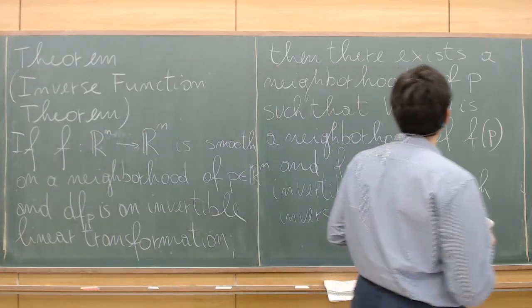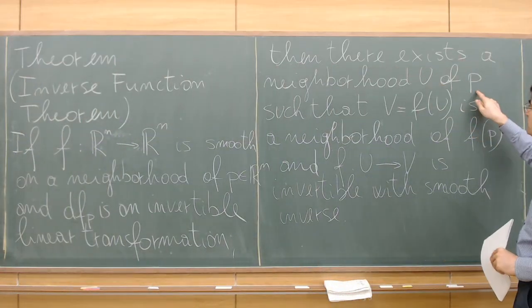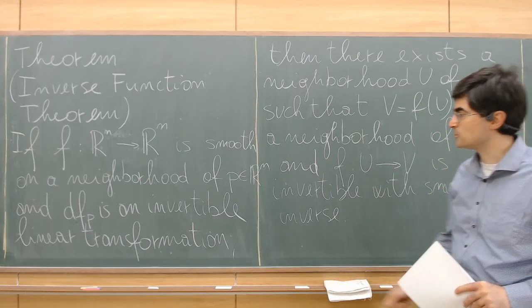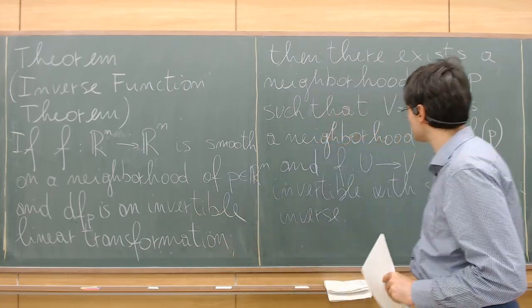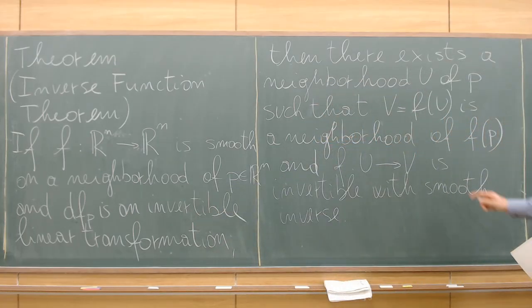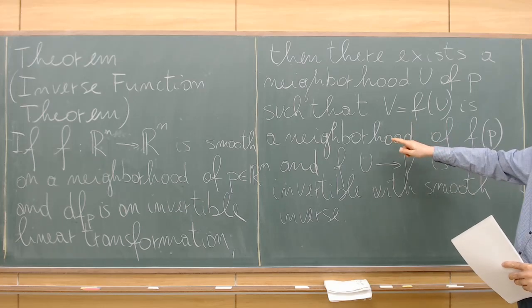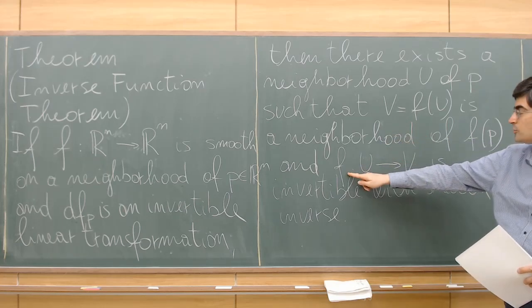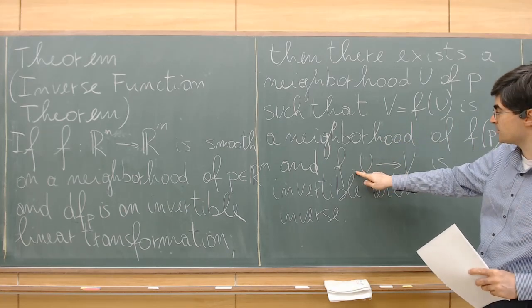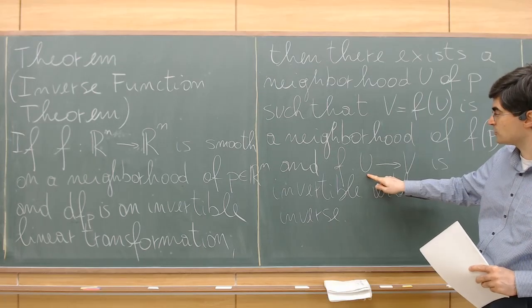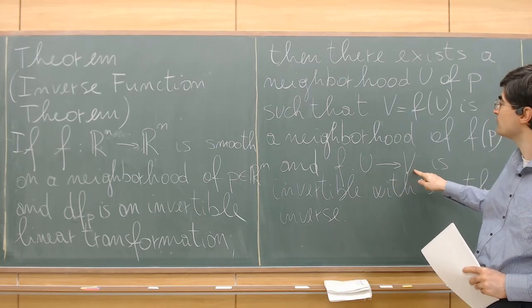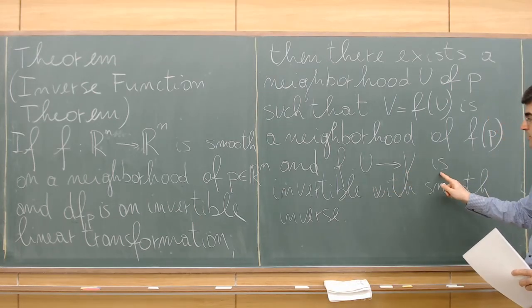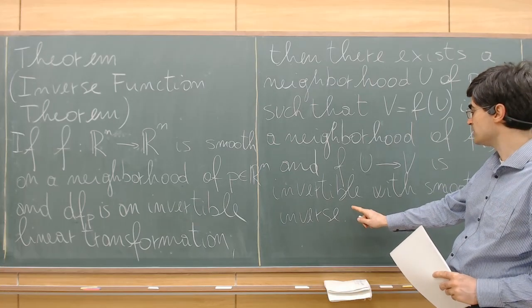Then there exists a neighborhood U of p, possibly smaller than this one, such that the function f, seen as a function defined on U with values in f of U, is invertible, and this inverse is smooth.